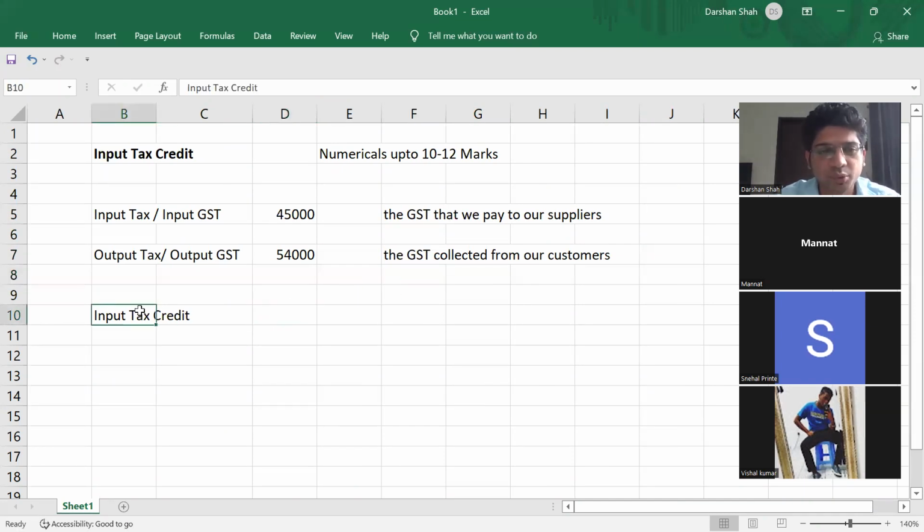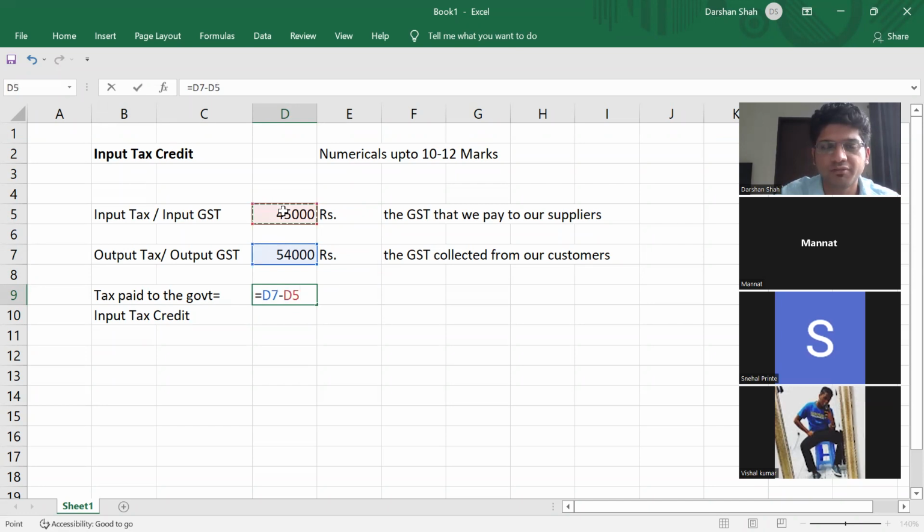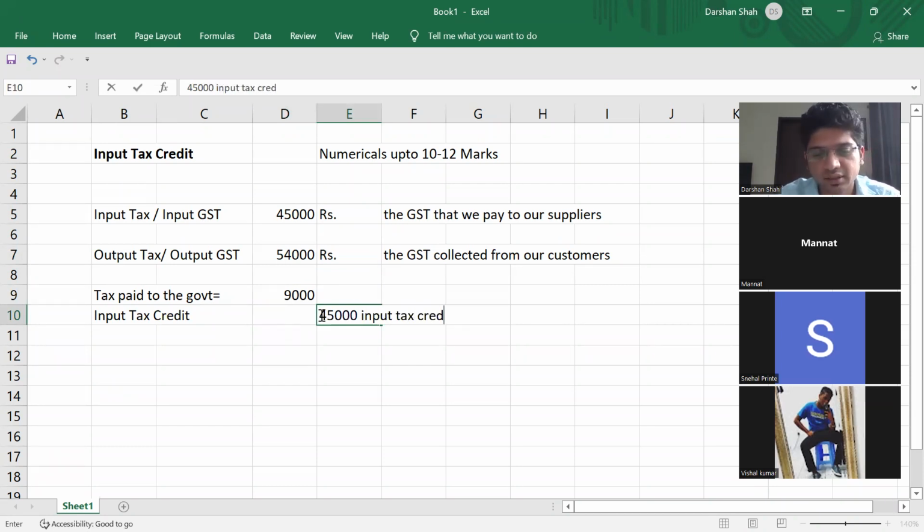And input tax credit means what? I'm collecting 54,000 rupees output tax, and I was supposed to pay this 54,000 to the government. But how much will I pay to the government? 9,000. Correct, 54 minus 45. Only 9,000 tax is paid to the government. So in short, I am getting 45,000 worth of input tax credit.